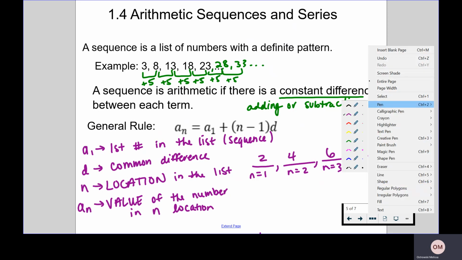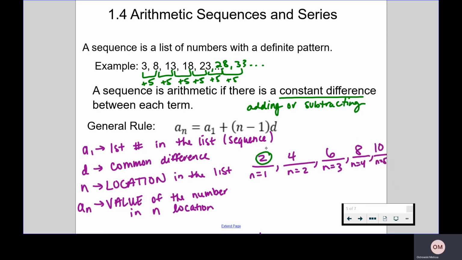So what that means is that 2 is a sub 1, 4 is a sub 2, 6 is a sub 3, 8 is a sub 4, 10 is a sub 5. So n tells you what number you are in the list, the first term, the second term, the third term, whereas a sub n is the value of that number in the list.